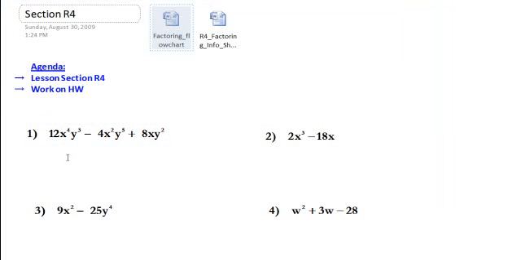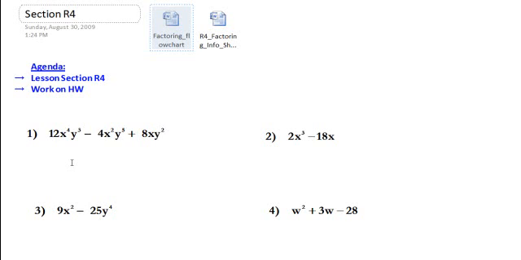So the first problem is 12x to the 4th y cubed minus 4x squared y to the 5th plus 8x y squared. So again, your very first step is to decide whether you have a greatest common factor or not. And between all 3 of these terms, we do have a greatest common factor.